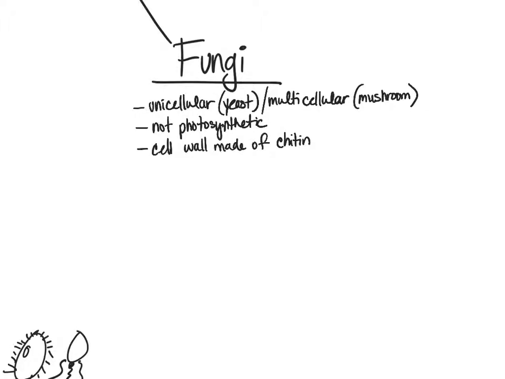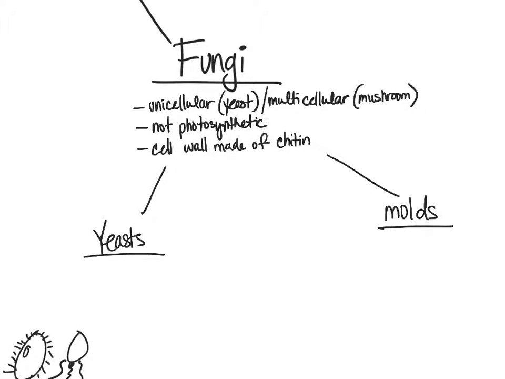So then we can further break down fungi into different groups. We're going to break it down into our yeasts, and we're going to break it down into our molds. Just a little bit of their characteristics. Our yeasts are unicellular fungus or unicellular fungi.